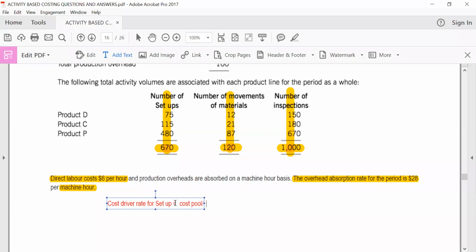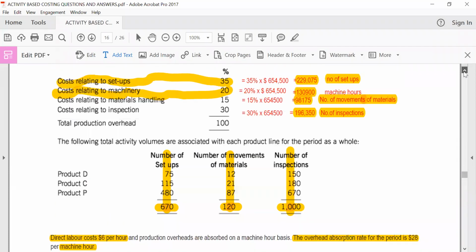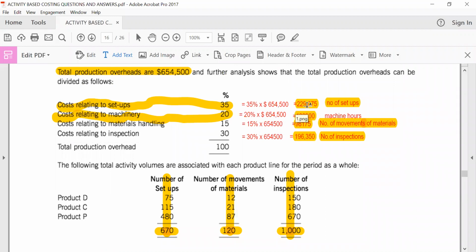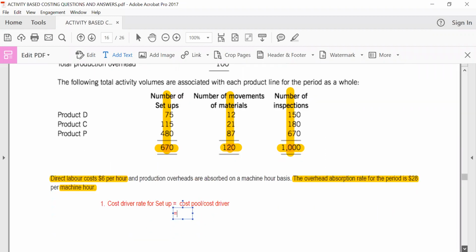Cost pool over cost driver. So in the case of the setup cost, we are starting afresh. If I calculate the cost driver rate, then you absorb. So the cost pool for setup, where did we get that figure? We already calculated that. The cost pool for setup, you got 229,075. So I just pick it up here and use it in my calculation.